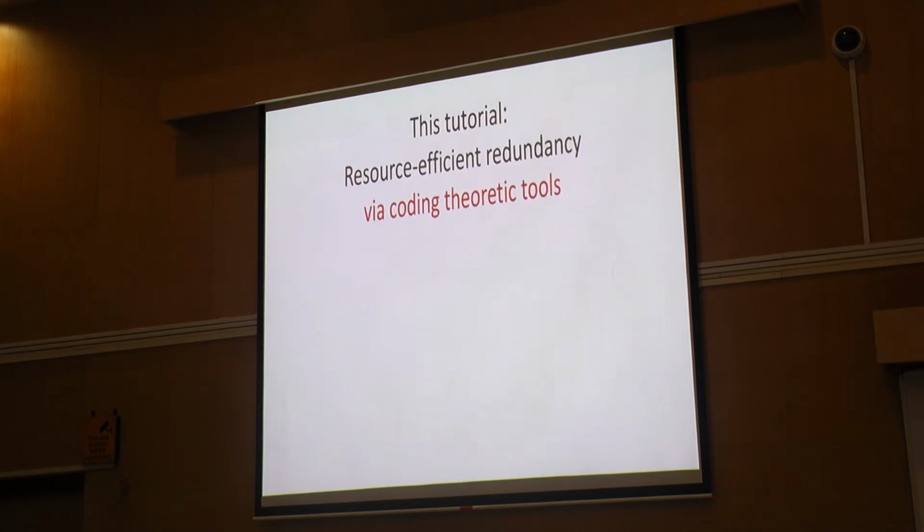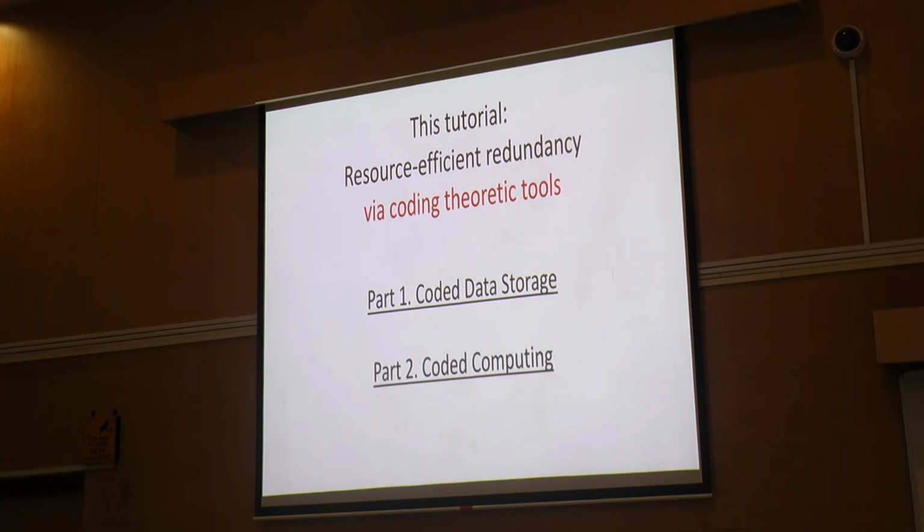And in this tutorial, we are going to look at resource-efficient redundancy via coding theoretic tools. So in the first part, I'll look at coded data storage, that is coding theoretic tools to improve distributed data storage systems. And in the second part, we will look at coded computing, that is using coding theoretic tools to provide resource-efficient resilience to distributed computing systems.